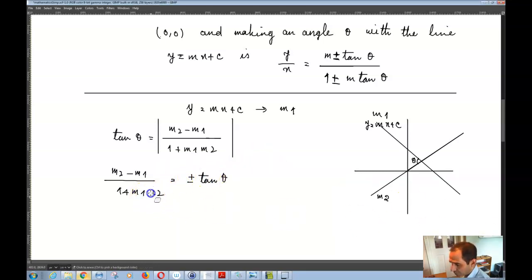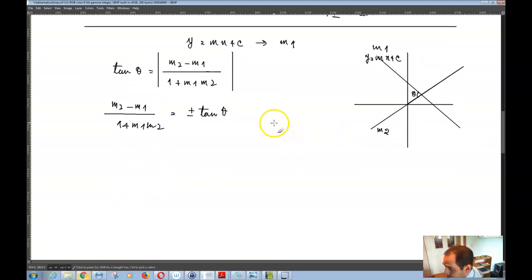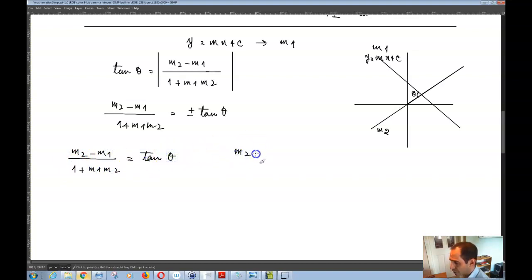And then I can say that either (m2 minus m1) over (1 plus m1 m2) is equal to tan theta, or (m2 minus m1) over (1 plus m1 m2) is equal to negative tan theta.